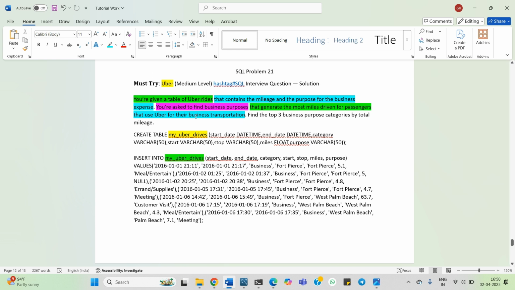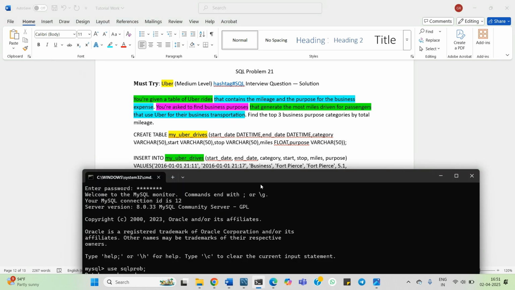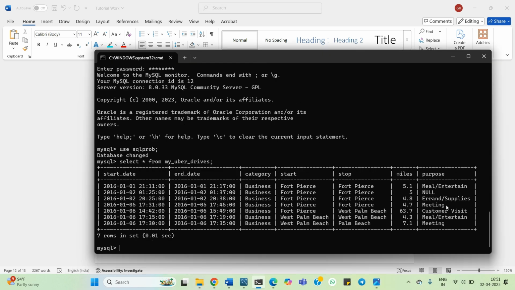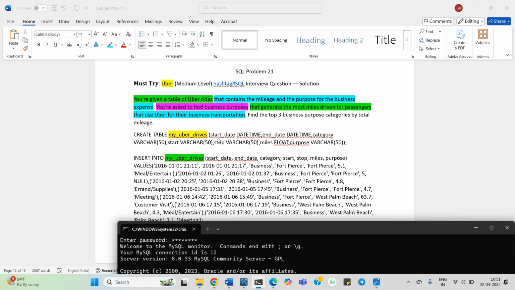First, they have said that you were asked to find business purposes. So we have to find the business purposes. In the table you can see the purposes are meal, entertain, errand supplies, meeting, customer visits, meet, entertain, and meeting. After that, they said generate the most miles driven for passengers.